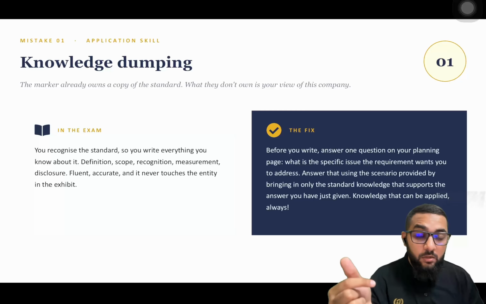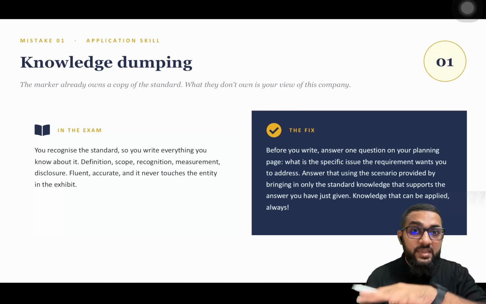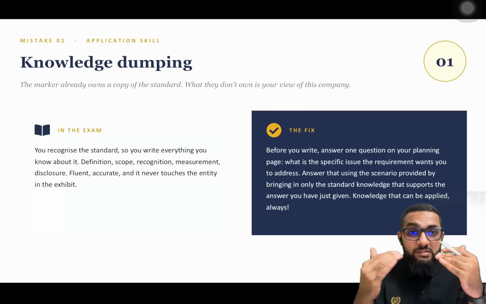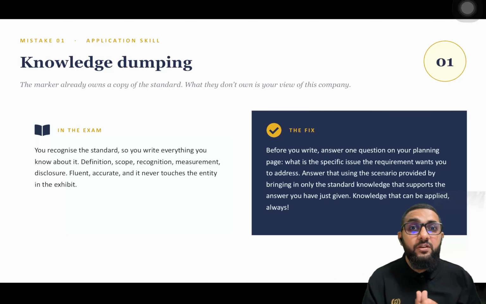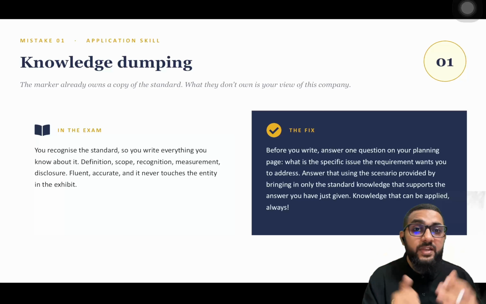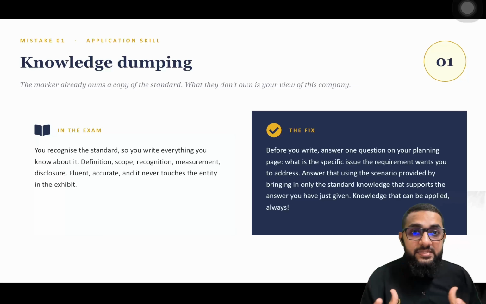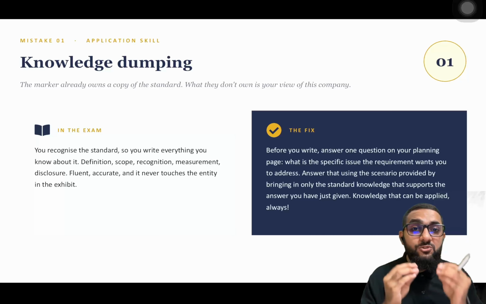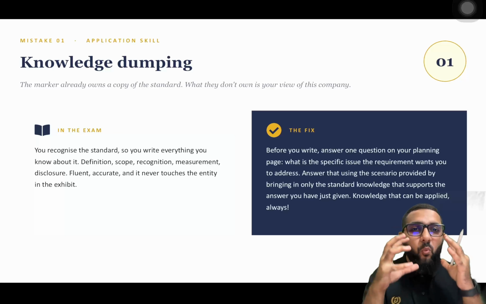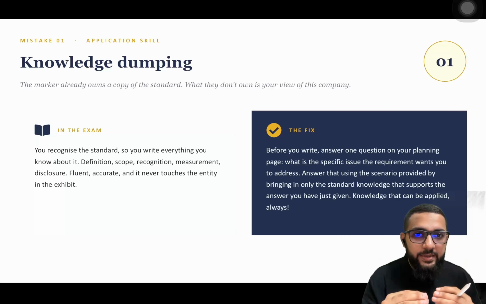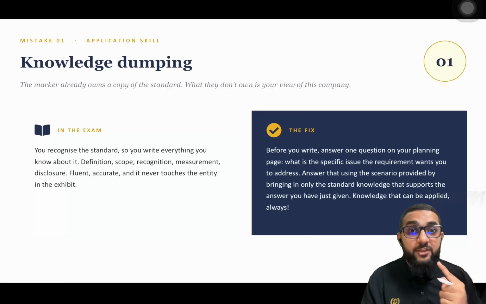Bringing in the cost model, bringing in the different elements of depreciation in IAS 16 and IAS 40, or the different types of depreciation methods, all that of the entire standard is not going to help. So you need to limit your answer to what is required, and the knowledge that you bring in that you can apply to the scenario gets you the marks.